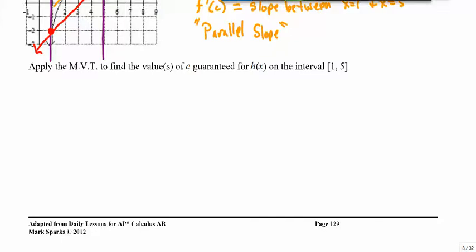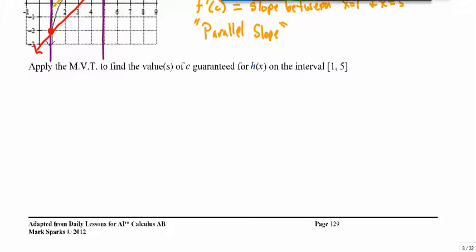Okay, so since we have shown that there is a C value that will have the same slope as the secant line, then we should be able to find that C value, very much like we did with Rolle's. It says find the value or values of C guaranteed by the mean value theorem on that closed interval.